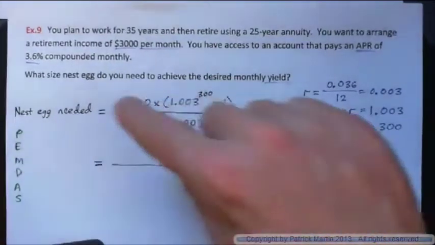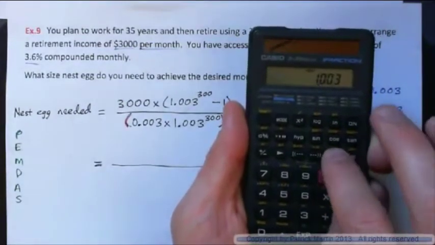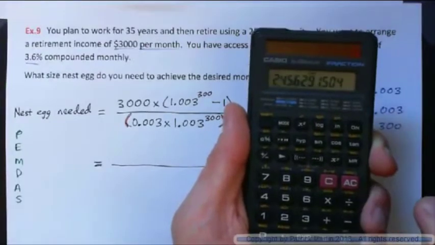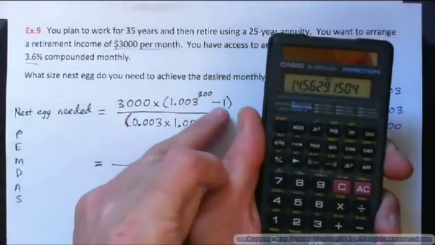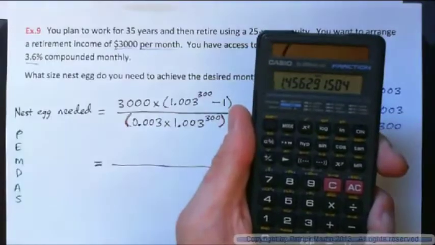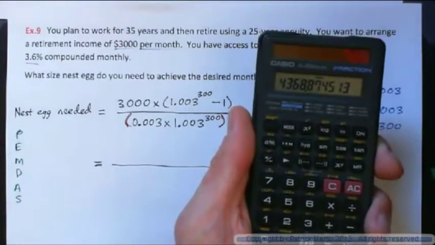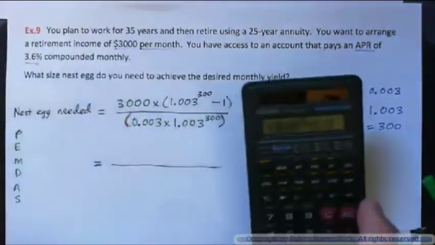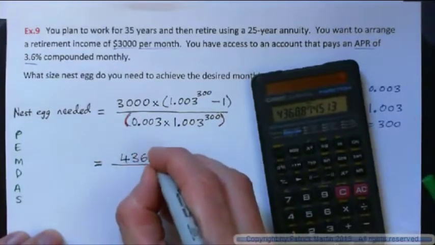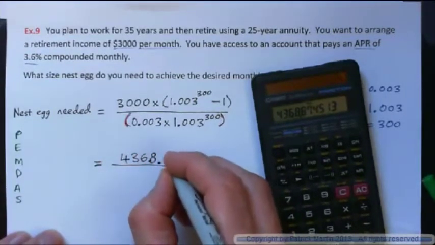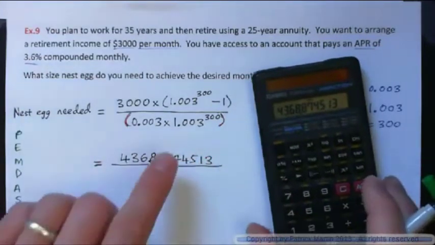So we do the exponent first: 1.003 to the power of 300 equals that. Then subtract 1. Then multiply by the 3000. So that number goes on the top: 436,874.513. Then calculate the bottom.